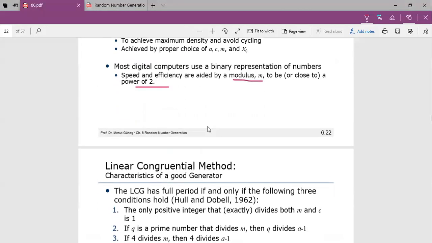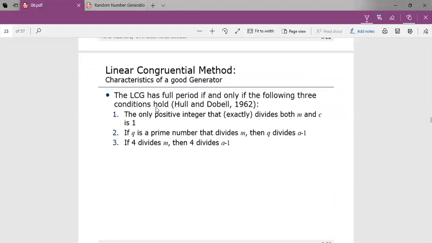And with respect to the maximum period, there are also certain characteristics of a good generator. If I consider the linear congruential generator, I told you about the period. A full period can be achieved if and only if the following three conditions hold.